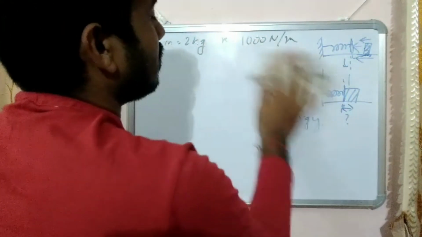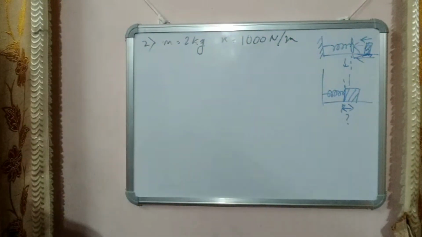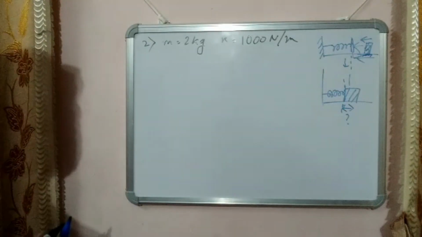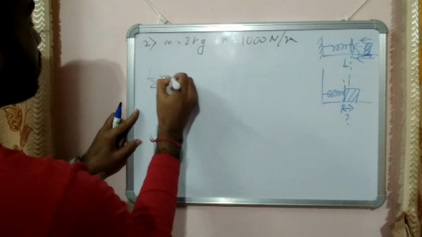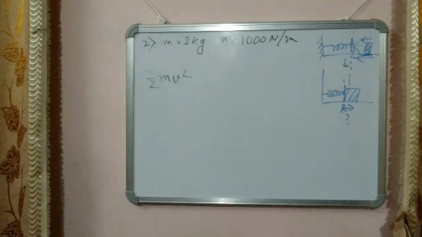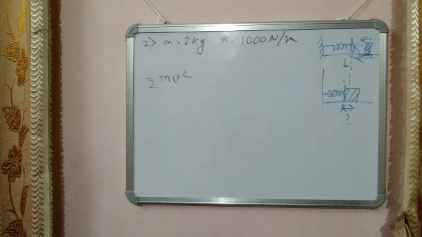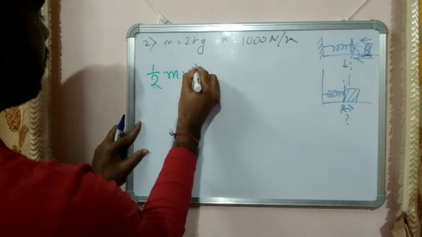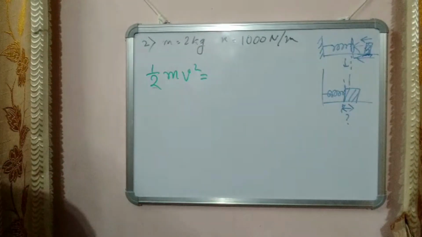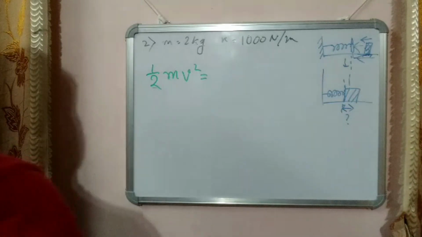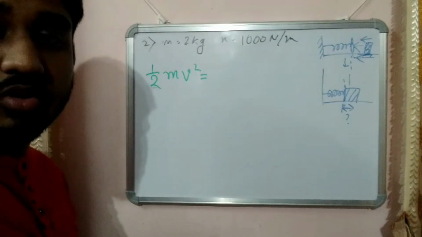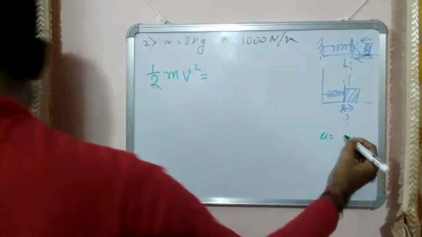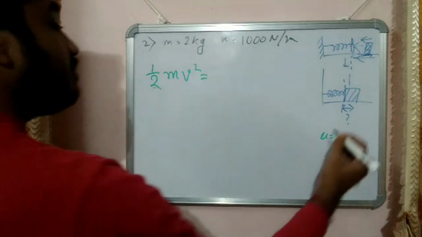So let's solve. The applied mechanical energy is the total kinetic energy of the body, which is half mv square, equal to the work done against the friction force, and the friction force is given as 15 Newton.